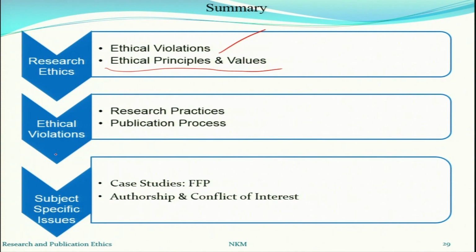Then we discussed the ethical violations in research and publication practices, and analyzed subject-specific case studies concerning fabrication, falsification, plagiarism, informed consent, and conflict of interest. We also discussed some cases about authorship and conflict of interest.